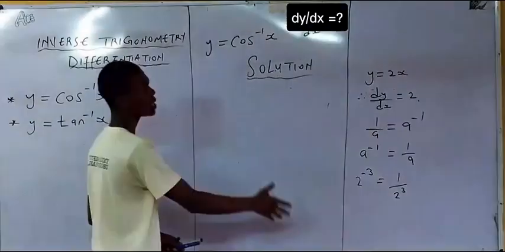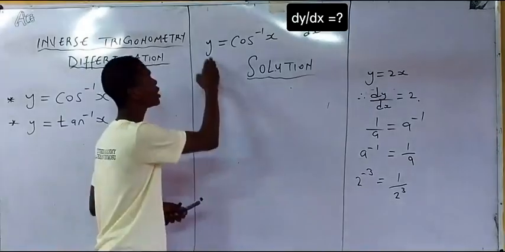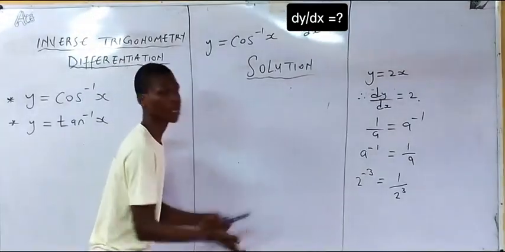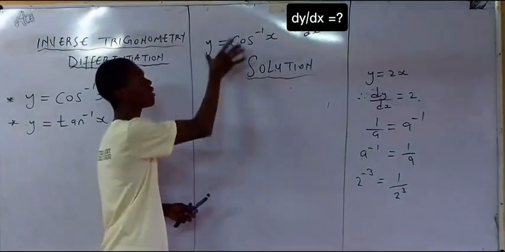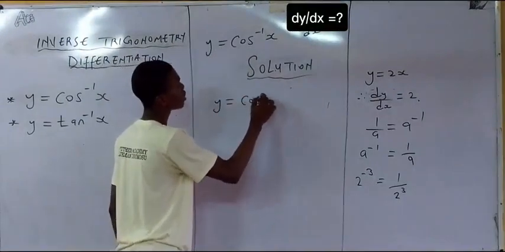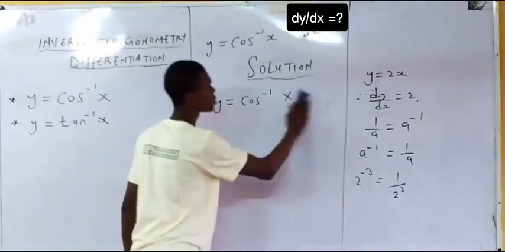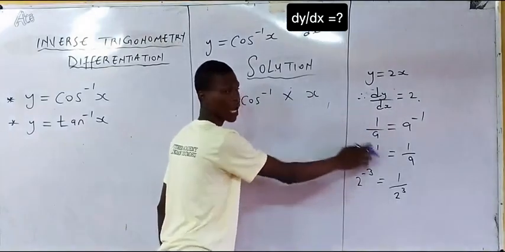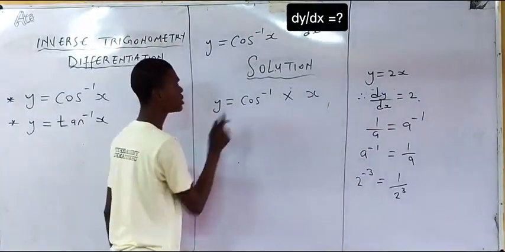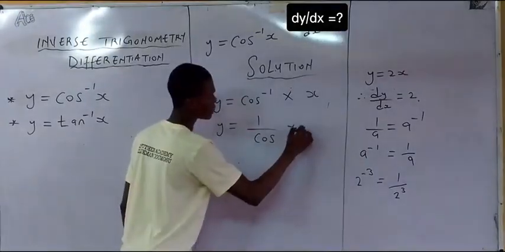Alright, applying this law to the given question, initially we are given y equals cos inverse of x. We can as well write this as y equals cos inverse multiplied by x, right? Implementing this idea, this becomes y equals 1 over cos times x.